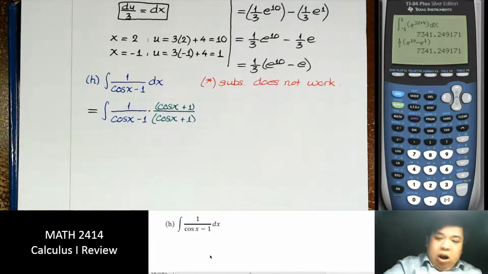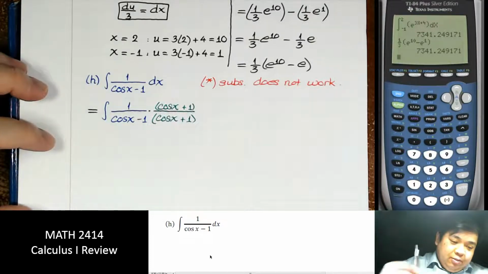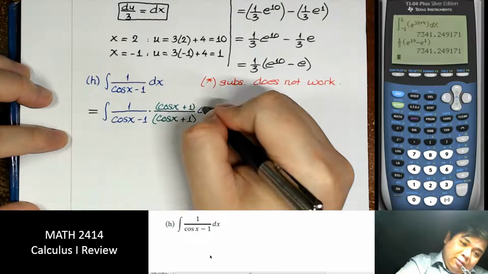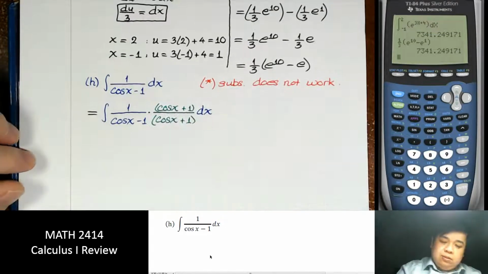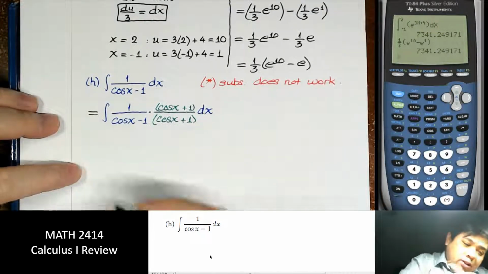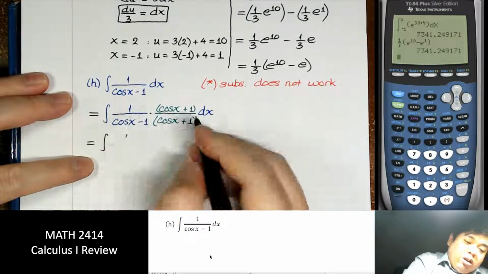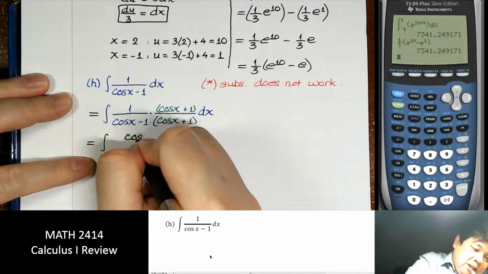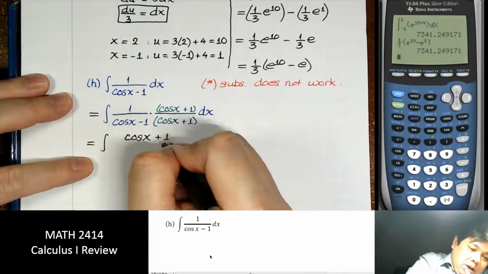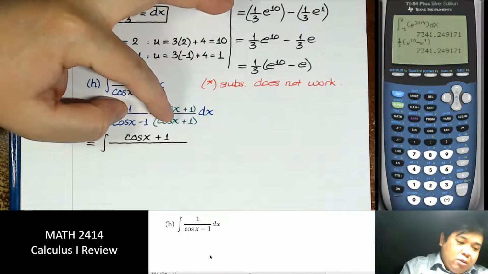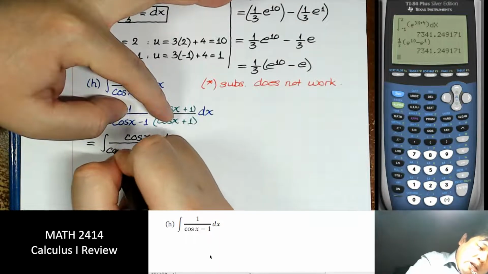Multiply top and bottom by cosine of x plus 1, which is the conjugate of this. Right. So how did that help? On the top we just have cosine of x plus 1. At the bottom, cosine times cosine is cosine squared.